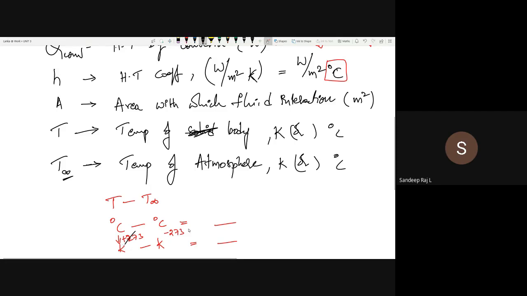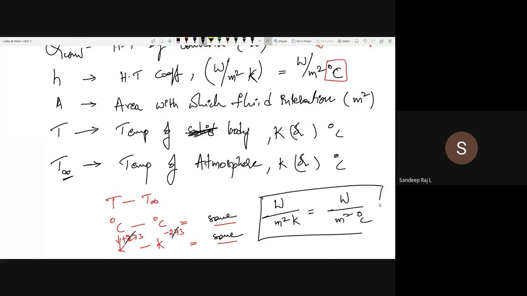That's why both values are the same. That's why watt per meter square Kelvin is also equal to watt per meter square degree centigrade. Most of the time I see students confused by this. If degree centigrade is given, they add 273 and do unnecessary things in the exam. No need to get confused, both are equal. Kindly keep this in mind.